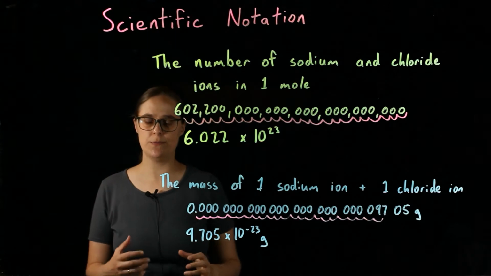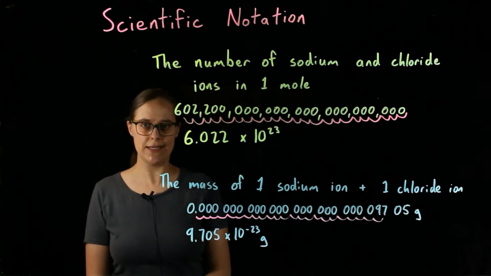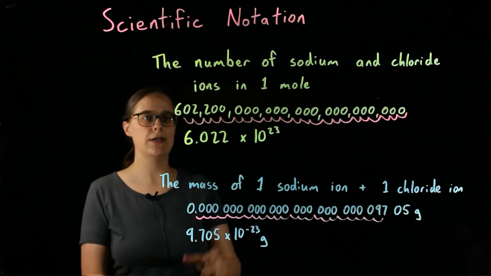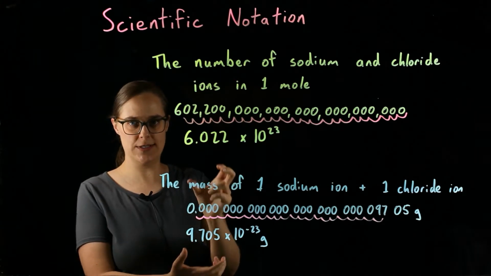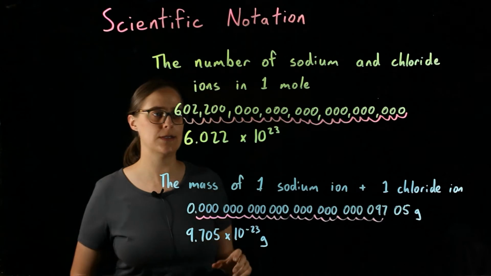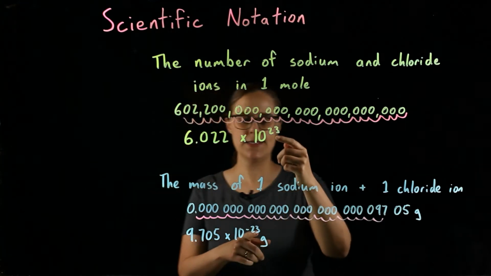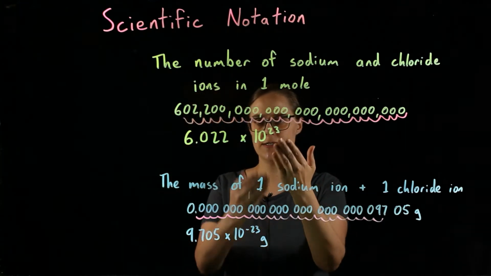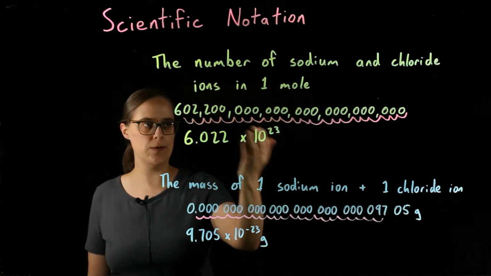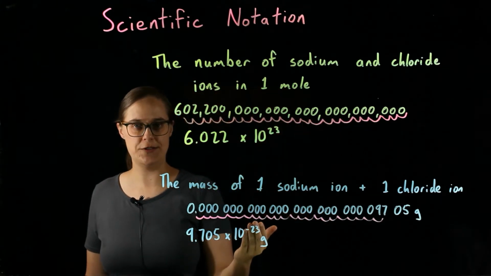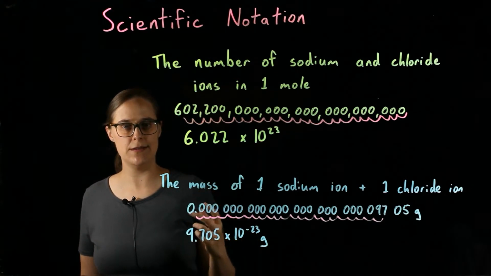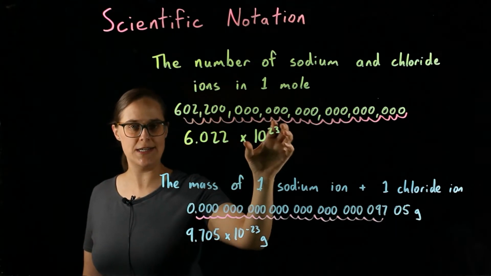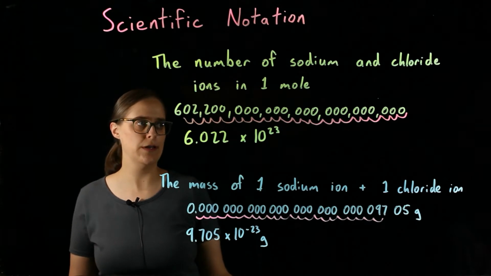If you are always putting the decimal point immediately after the first non-zero number, you're always going to end up with a number from 1 to just less than 10, 1 to 9 point something. And this exponent is just telling us large positive exponent is a huge number, large negative exponent is a tiny number. We are separating the understandable and not understandable parts of the number.